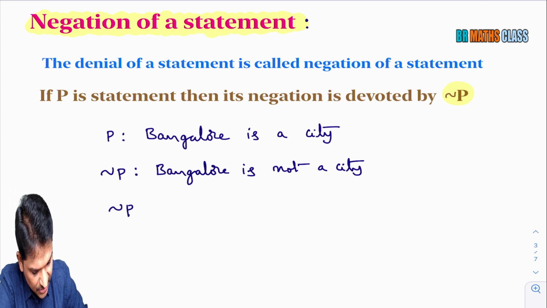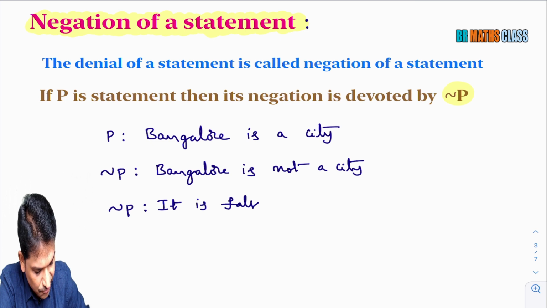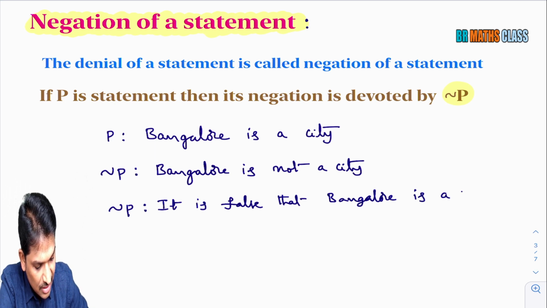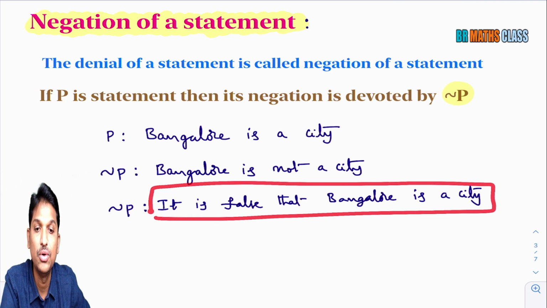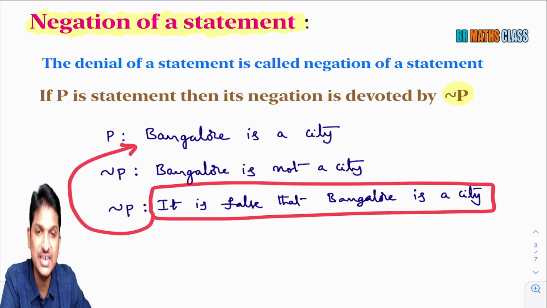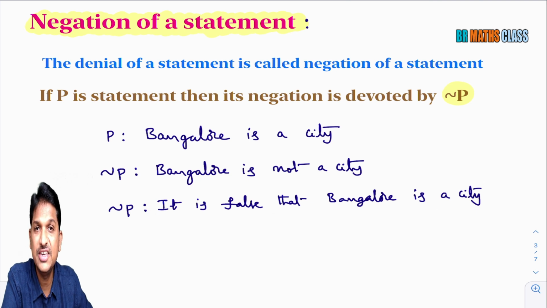Negation of P: it is false that Bangalore is a city. You can observe that this also denies the given statement Bangalore is a city. So, for one statement, negation can be written in different ways.